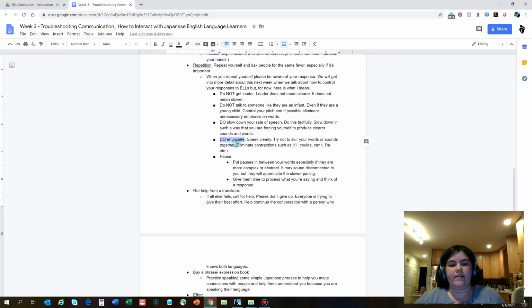And then I really recommend eliminating contractions such as it'll, coulda, can't, I'm, if you can think of others, just because they're not clear, and they're a combination of two words, right? It will, could have, and it's really important for an English language learner to hear those individual sounds instead of kind of cramming them all together, especially in the beginning.